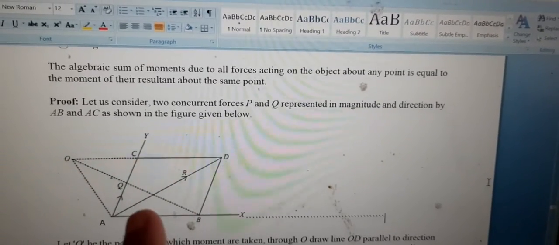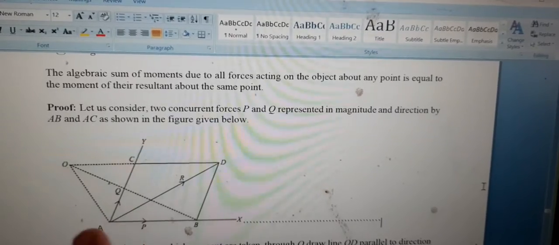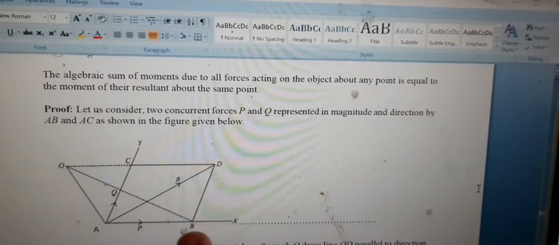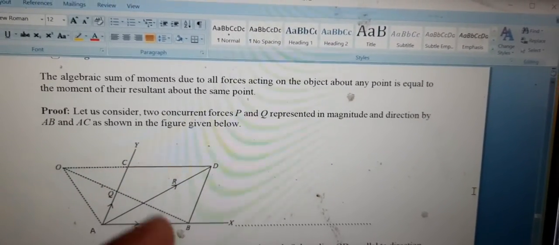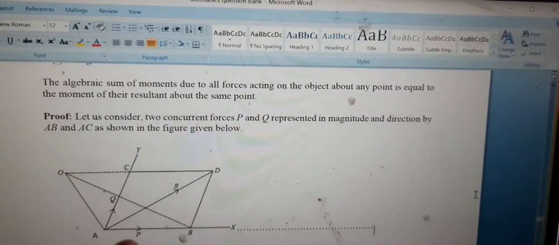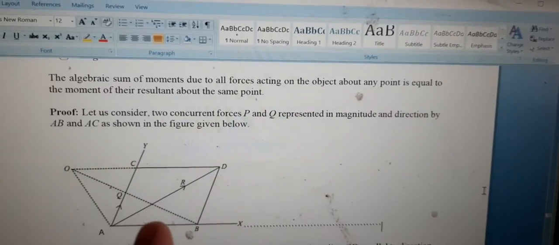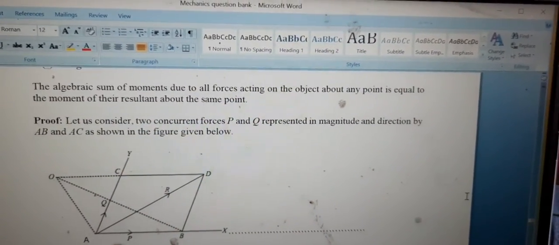So for force P, graphically, what is the moment? Moment is twice the area of triangle AOB. From the graphical method I have already told you how to relate the moment and the area of the triangle. So here the moment is twice the area of triangle AOB for force P.